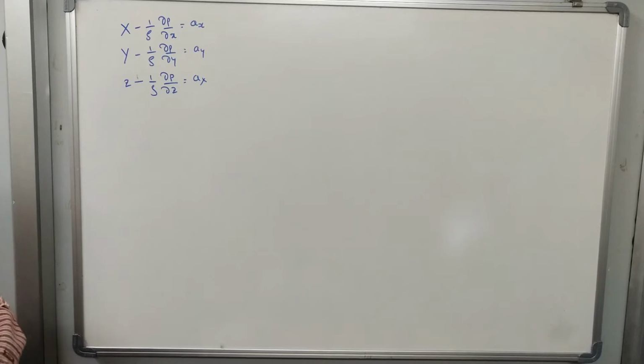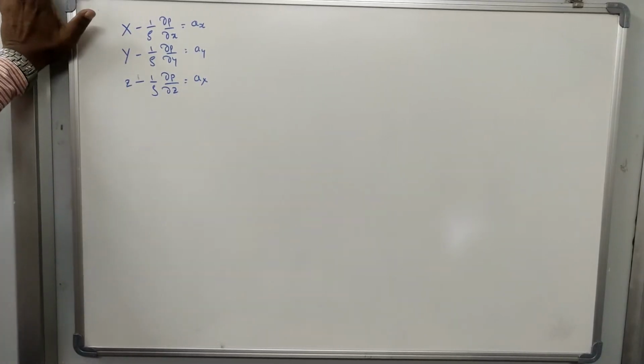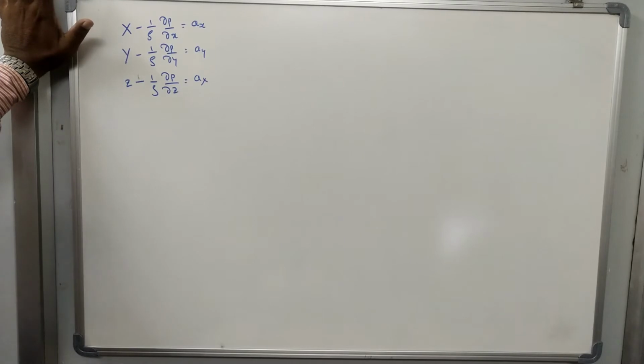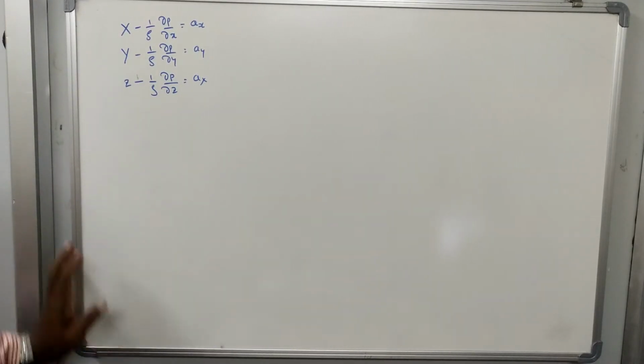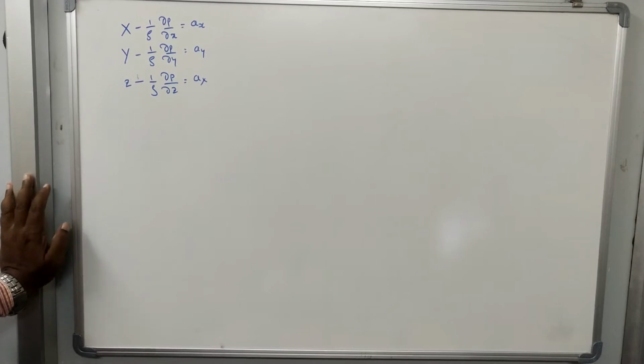While deriving Euler's motion equation, we have made two important assumptions. One is the fluid is ideal, that is, the fluid is an ideal fluid or a theoretical fluid. You know, ideal fluid means there is no viscosity. A fluid which doesn't have any viscosity is called an ideal fluid or theoretical fluid.